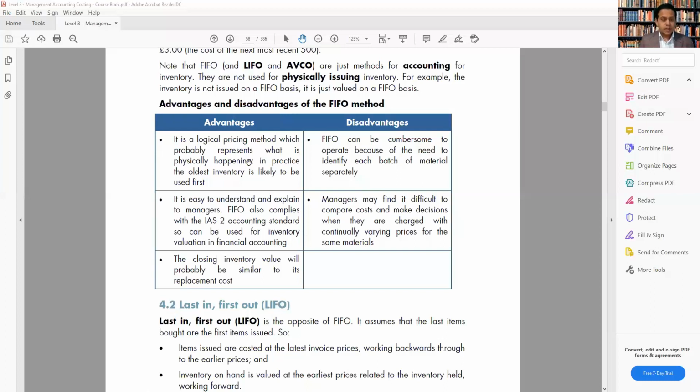So let's quickly look at the advantages and disadvantages of FIFO. In the exam, most likely the FIFO question comes, and sometimes AFCO comes as well, not the LIFO. LIFO is hardly tested in the exam. It is a logical pricing method which probably represents what is physically happening. In practice, the oldest inventory is likely to be used first.